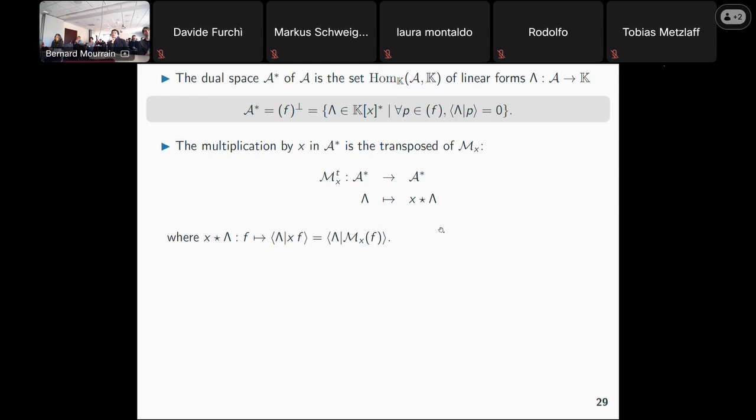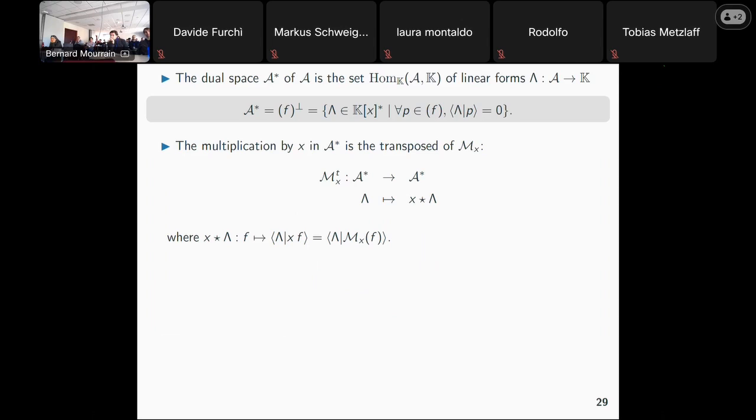Okay. So now when we look at the transpose operator, going from A dual to A dual, it's taking a linear form and multiplying by x. So here it's x star lambda. The product we have already seen is the natural product which exists in the dual when we have this product in the primal space.